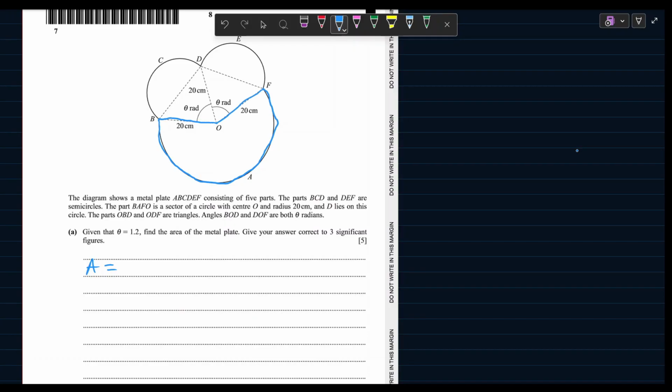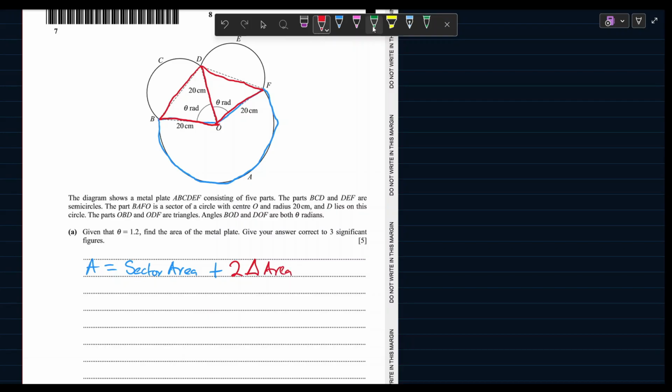So it's going to be sector area, plus we're also going to have our two triangles which are equal. They're exactly the same because they've got the same dimensions. So these two triangles have an equal area, so that's 2 times triangle area.